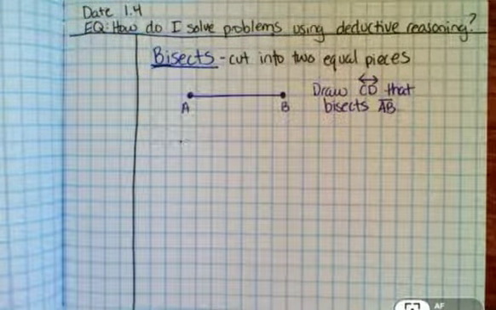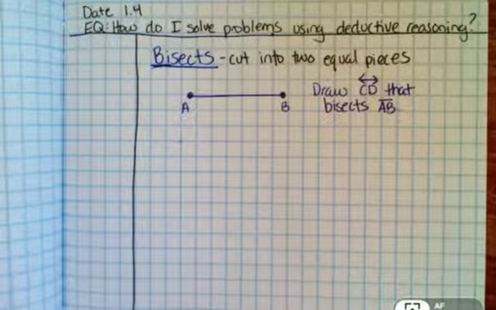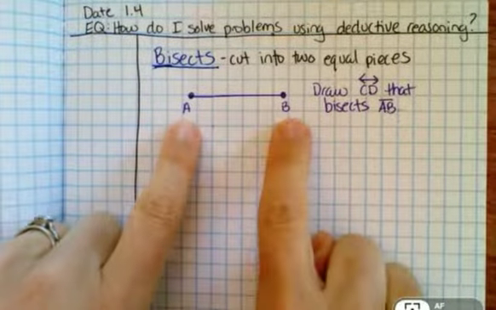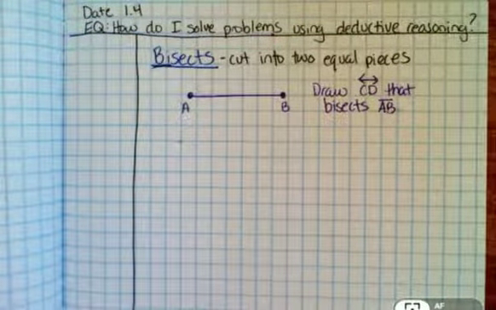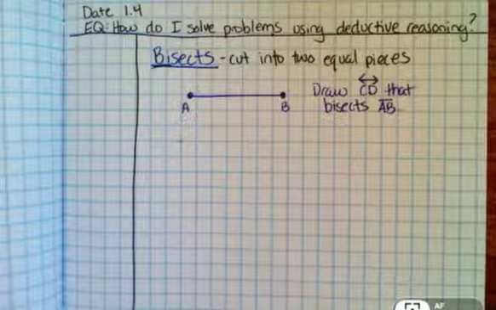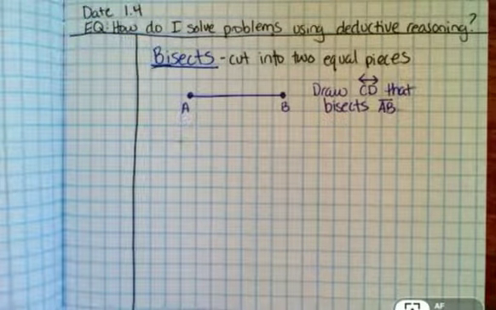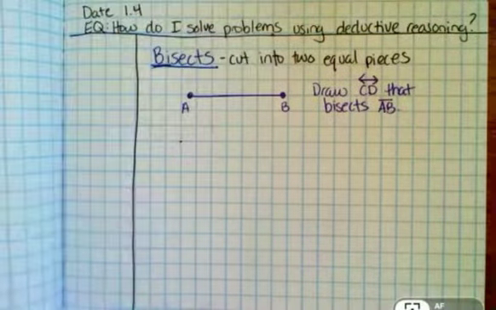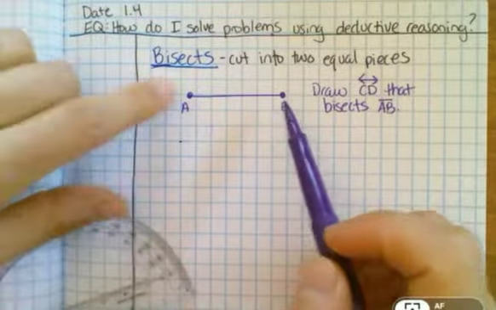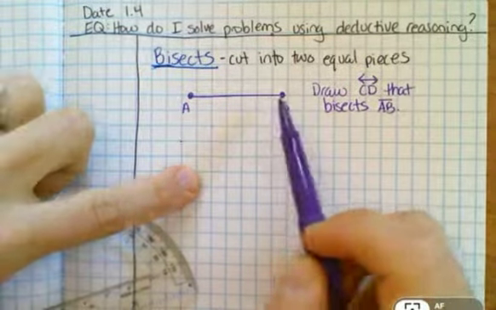So that's what we're going to do. Basically, we're trying to draw a line here that cuts this into two equal pieces. And so it doesn't really matter how we draw the line. We could draw it straight up and down or slanted. What's important is that it crosses the segment right at the midpoint.